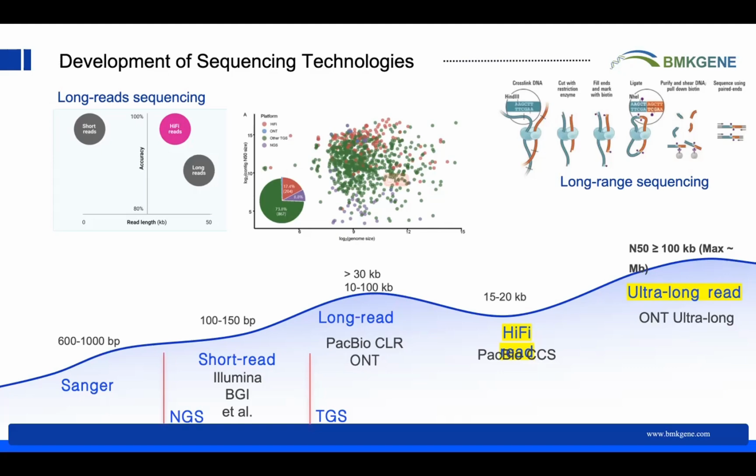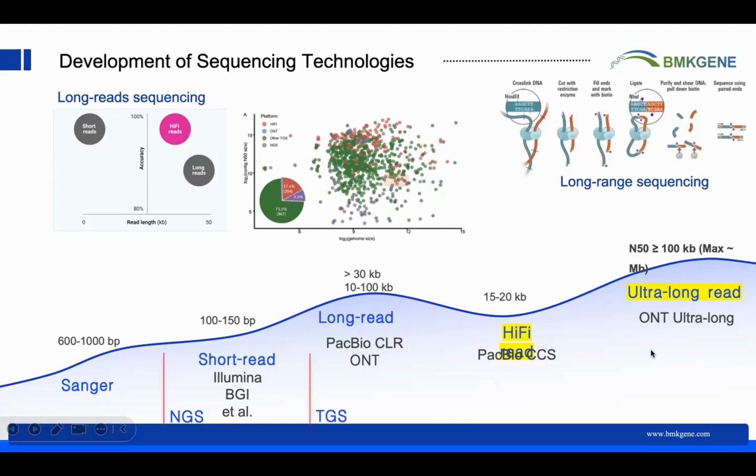So it's very useful for the assembler to overcome the heterozygosity or the repetitive sequence regions that are longer than the HiFi sequencing read length. This will help to solve the problems that HiFi PacBio CCS could not resolve.